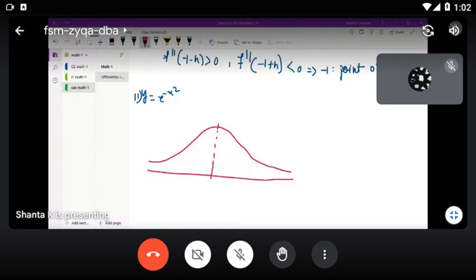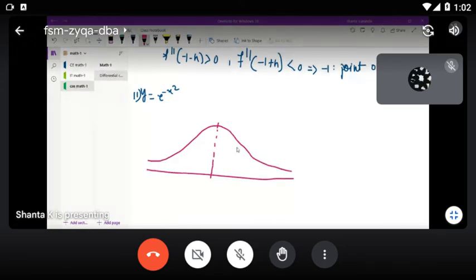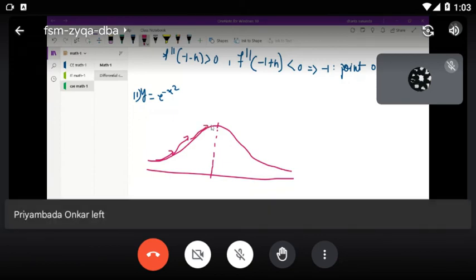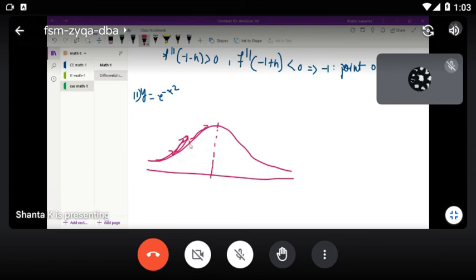Ma'am, what is the answer for this one? Second question. You said 1 by root 2 and minus 1 by root 2. So the points of inflection, I think this is the point you see. If you look at here, it will go like this, and here it goes on like this. But at some point here it is becoming like this.